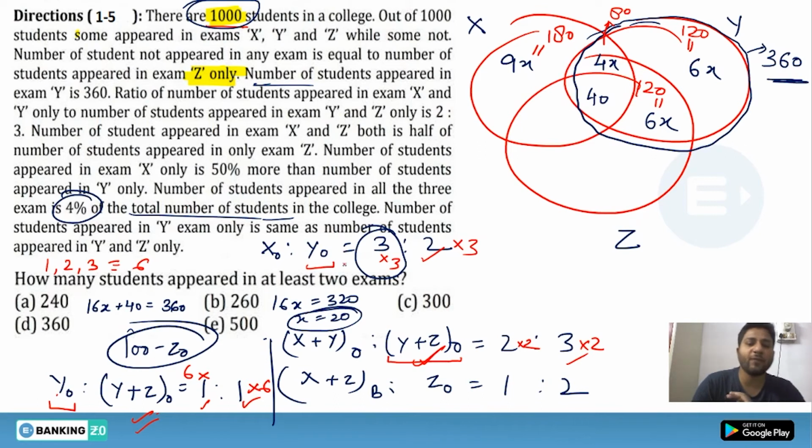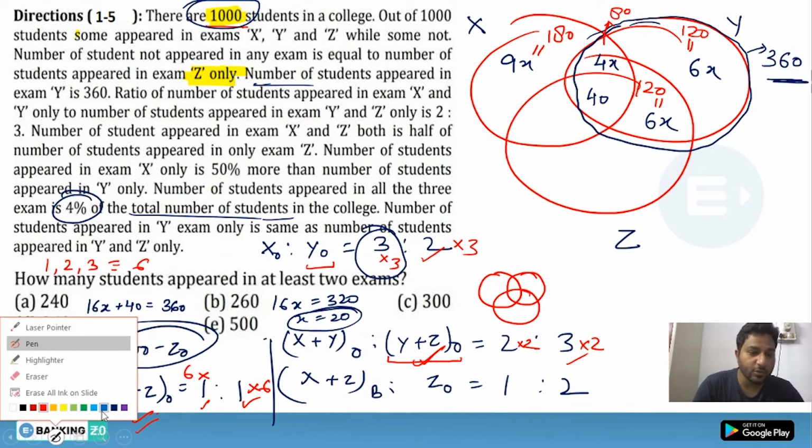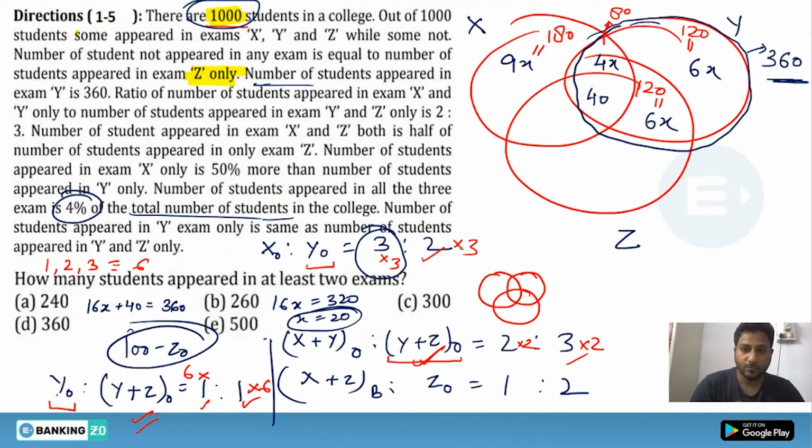Now what we have got is an easy topic. All right, now what we need to solve further. Here we have got the data. Let me highlight some of it so you can see clearly. We have found X naught, XY naught, Y naught and YZ naught.